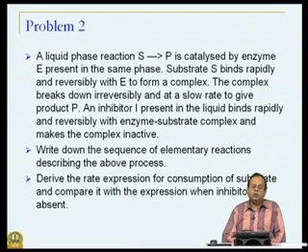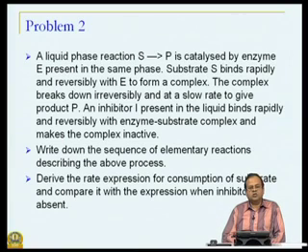So, what is our problem now? Our problem is to write down the sequence of elementary reactions describing the above process, derive the rate expression for consumption of substrate and compare it when inhibition is absent.